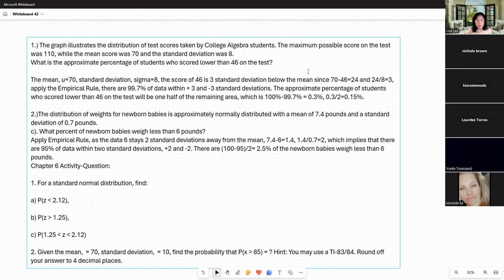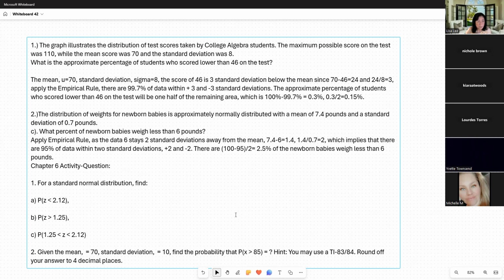Number one, you can see for people who already did your discussions for week 7, I have activity question number 1. Number 2, I put as an example for you, I believe.